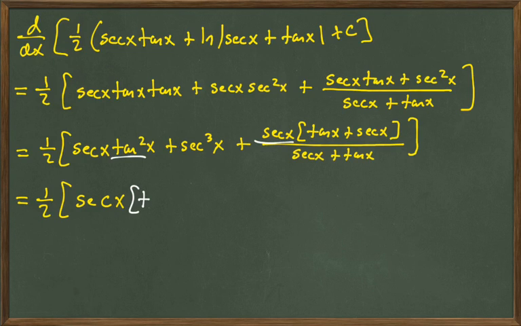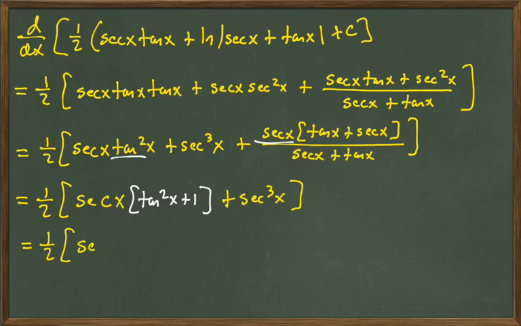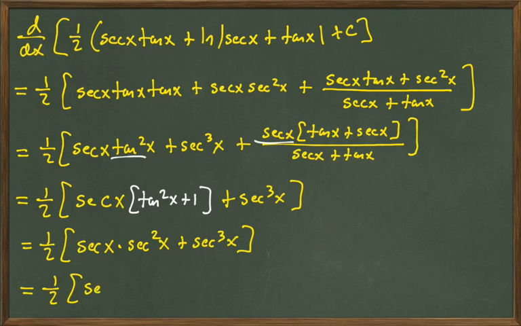So when we factor the secant out, we're going to have tangent squared x plus 1, and then plus secant cubed x. So this is going to be 1/2 secant x, and tangent squared x plus 1 is secant squared x, plus a secant cubed x. Okay, so then we're going to have 1/2 of secant cubed plus secant cubed. And so that's going to be secant cubed, which was our original integrand.